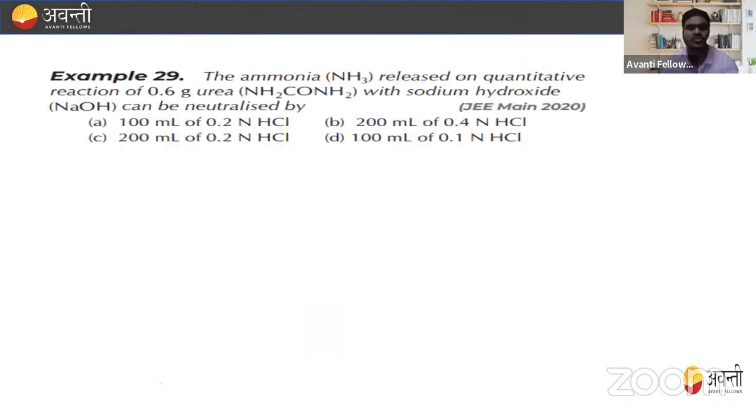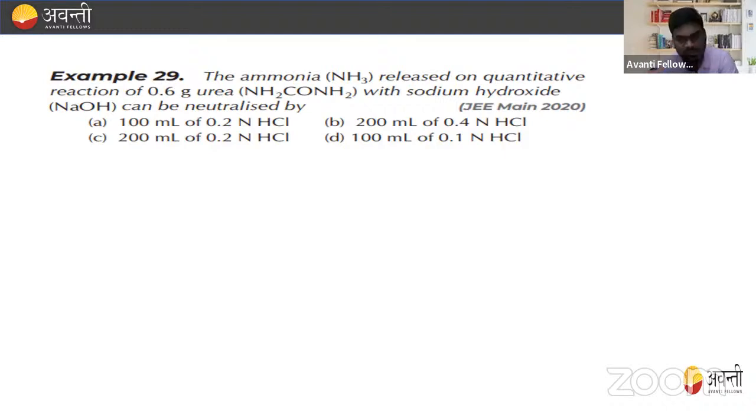Okay. Now for such a question, we have one question. How can we solve this question? Because this question is directly related to this. So what does the question ask, beta? The ammonia, that is NH3, is released on the quantitative reaction of 0.6 gram of urea with sodium hydroxide. So here we have a titration of urea with sodium hydroxide.